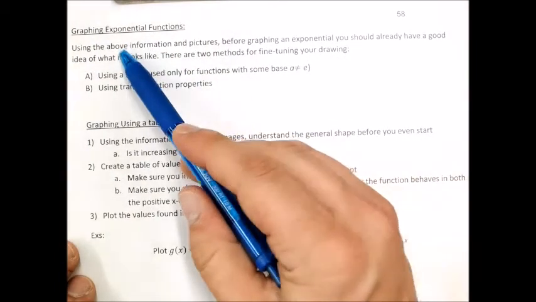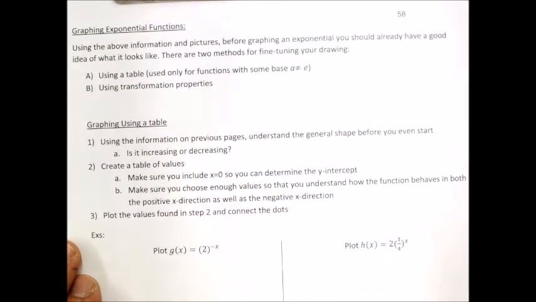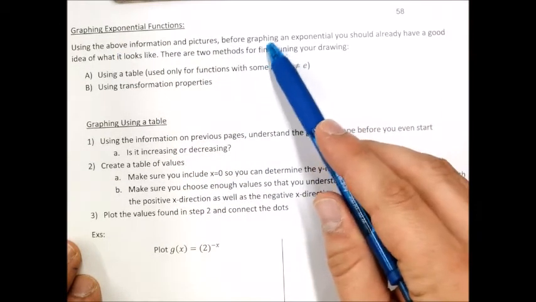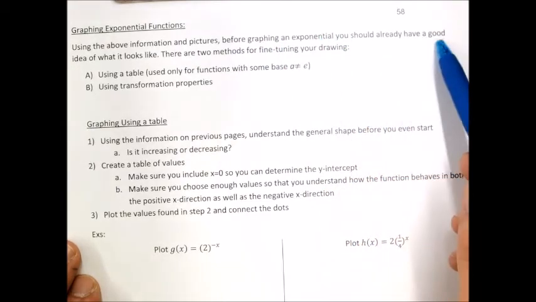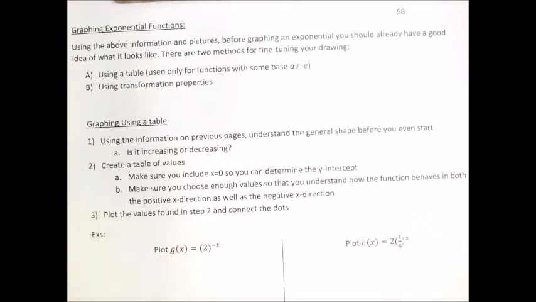We can use the above information, like the stuff on the previous pages, so that before we even graph one of these things, we already have a good idea what it looks like. For example, if the base is bigger than 1, we know it's going to be increasing. If it's less than 1, we know it's going to be decreasing. So we already have an idea of what it's going to look like, and then we just want to fine-tune the graph a little bit and make it look a little bit better.